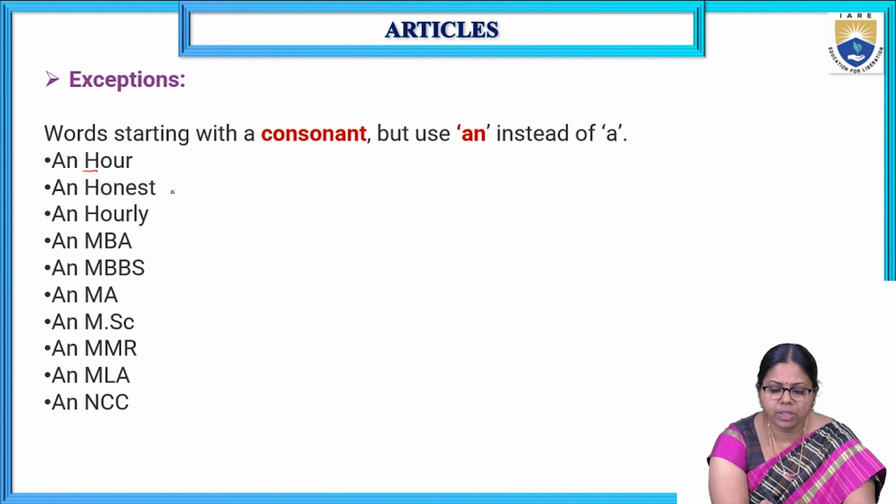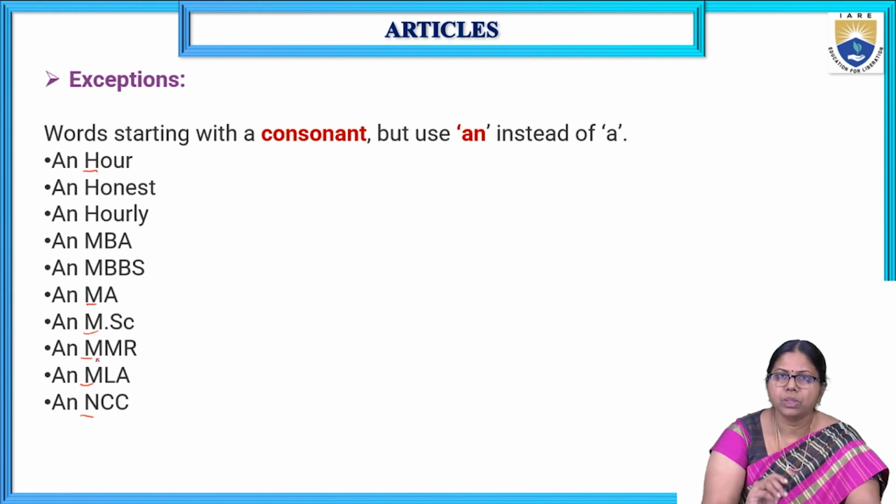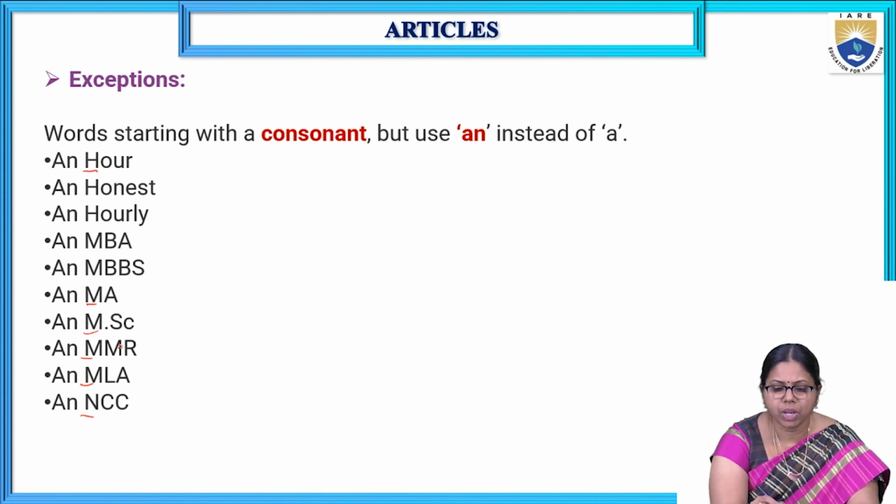Next, an honest person, an hourly basis, an MBA, an MBBS, an MA student, an MSc degree, an MMR report, an MLA, and an NCC. All these words, even though they start with consonants, when you are pronouncing these words, we are getting a vowel sound. So that is the reason why we are using "an" instead of "a".